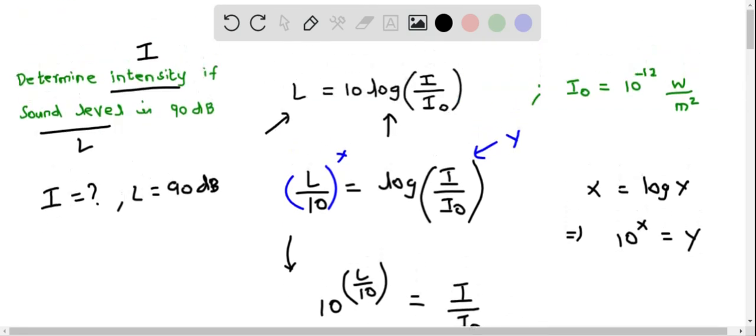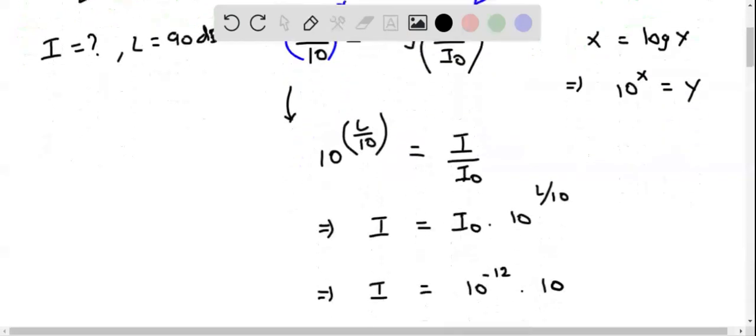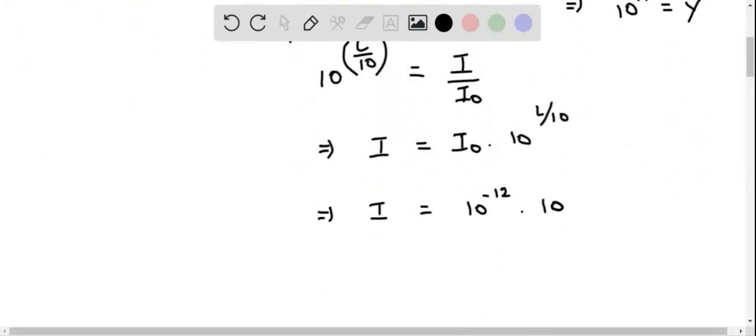I naught is given as 10 power minus 12 watt per meter square. So I naught equals 10 raised to the power of negative 12 times 10 raised to the power of L, which is given as 90 dB, so I just put the number, 90 over 10.